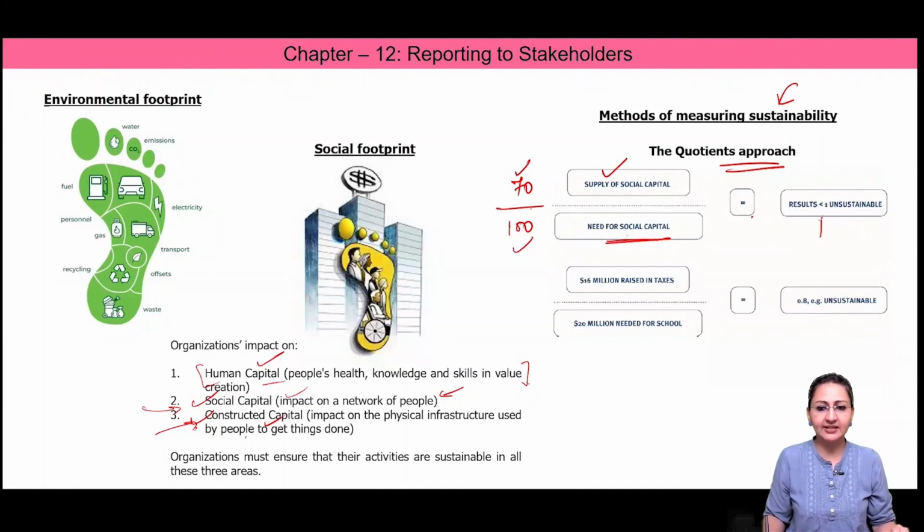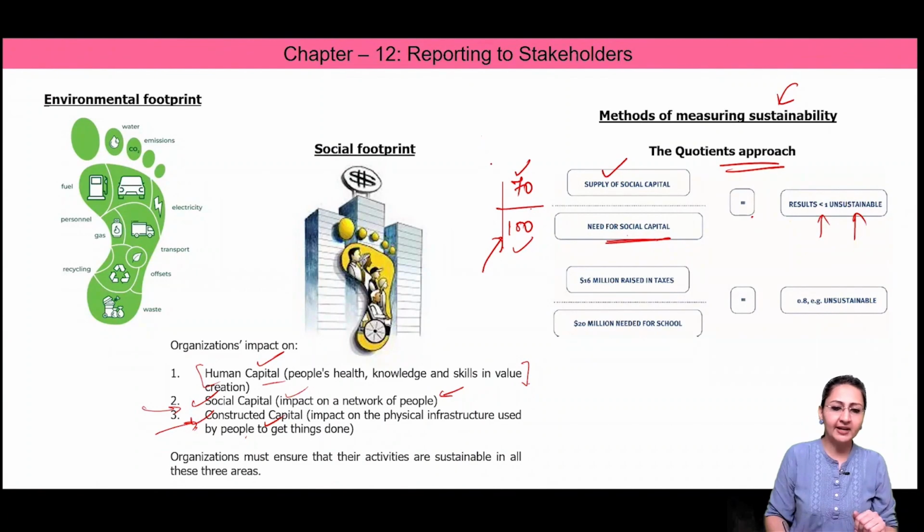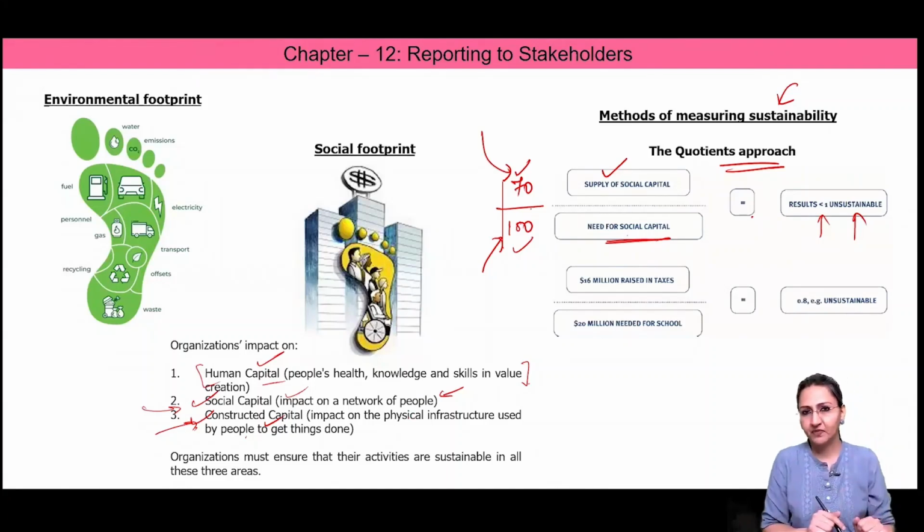If the result is less than 1, that means it's an unsustainable business. You are taking 100 units of social capital to run your business, and in return, supply means what you are giving back as a social capital, that is 70. You are taking 100 units from the society, you are supplying only 70.